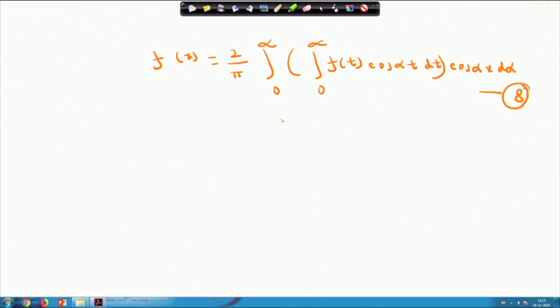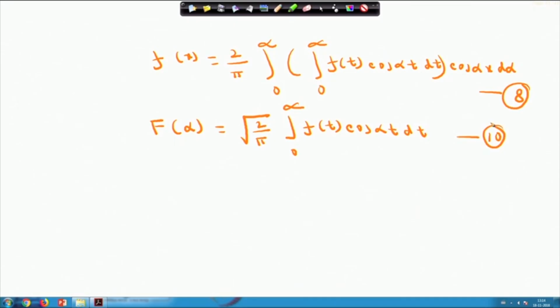In this equation 8, if we set capital F of alpha equals root over 2 by pi, integral from 0 to infinity of f(t) cos(alpha t) dt, this will be equation 10.